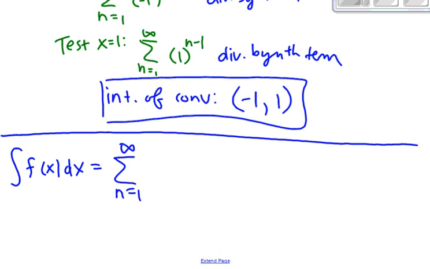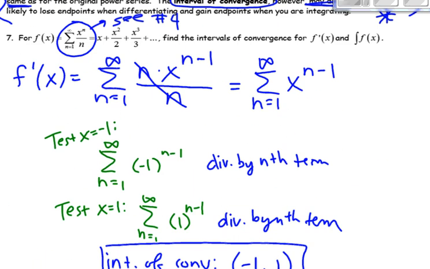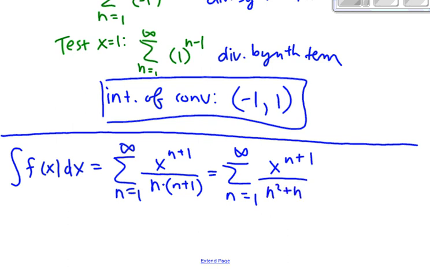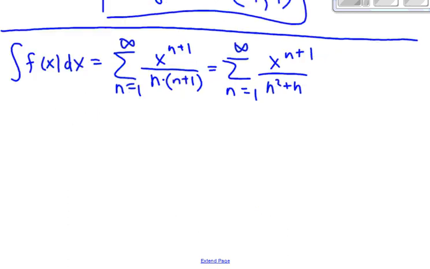To take the integral, we would have x to the n plus 1 divided by n plus 1. The n in the denominator that was already sitting in the original function is still there, and then we multiply by n plus 1. If we clean that up a little bit, we get x to the n plus 1 divided by n squared plus n. Now let's test those endpoints, -1 and 1 again.